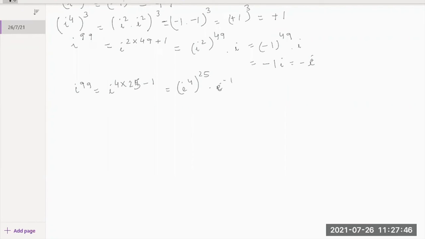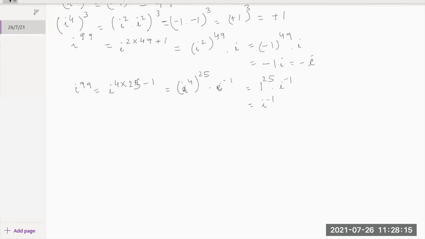Now see, i to the power of 4, we have already said it's positive 1, right? So this becomes plus 1. Now 1 to the power of 25 is going to give me 1 only, and I'll be left with i to the power of minus 1.